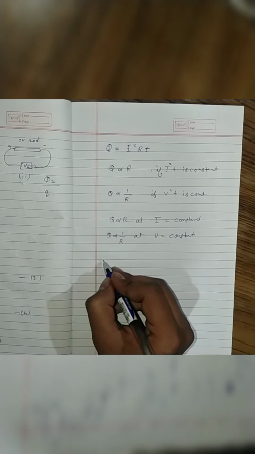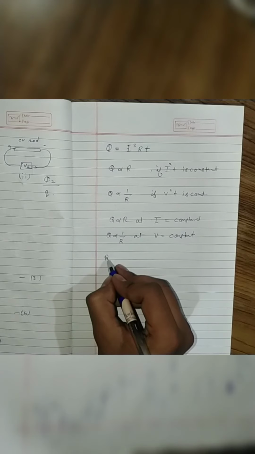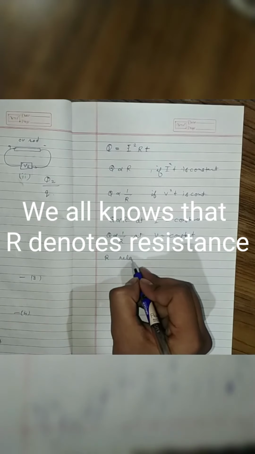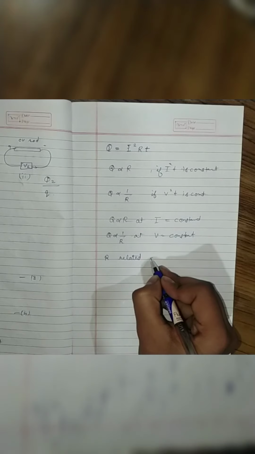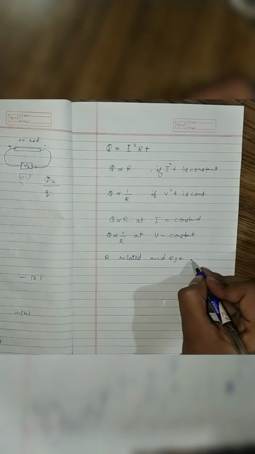You might have the question: how is R related to the shape and size of the conductor?